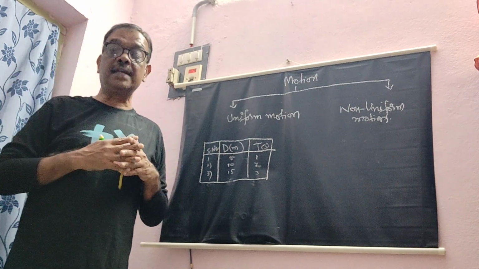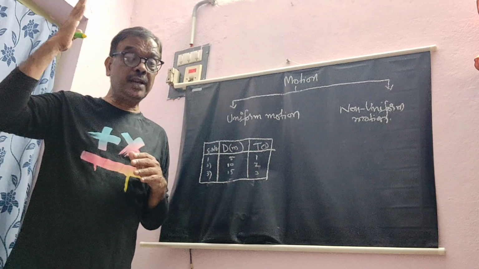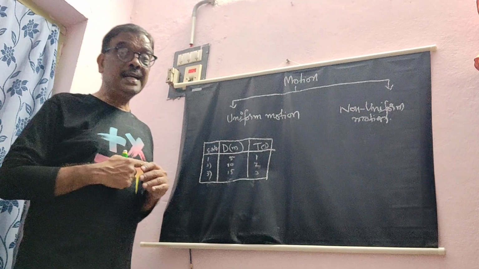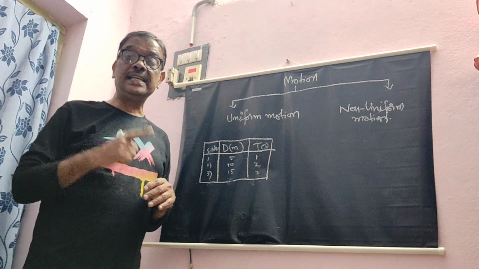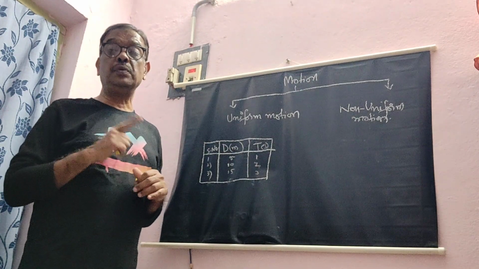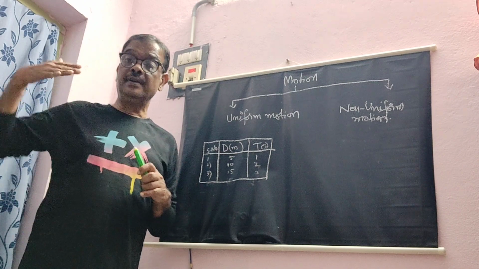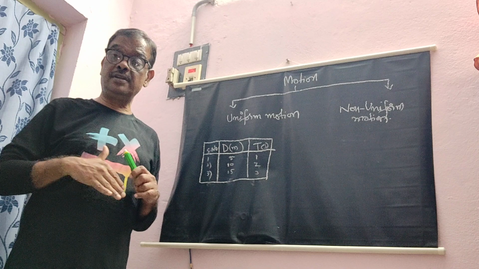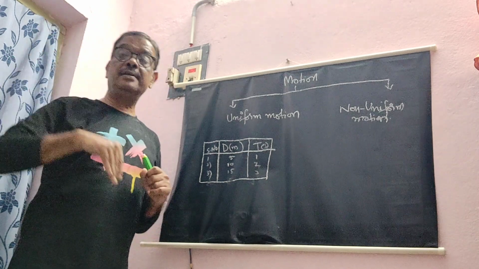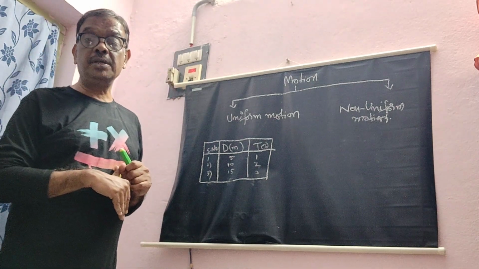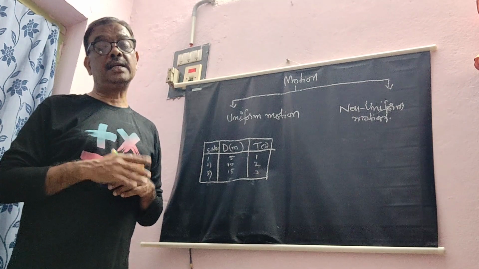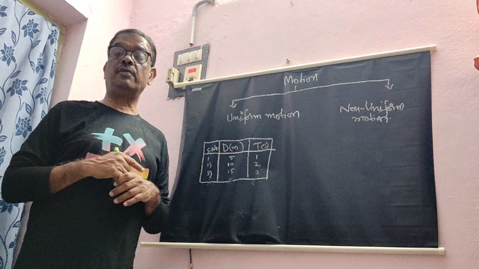Electric charge, electric current, or light traveling at a speed of 300,000 kilometers per second is also an example of uniform motion. Light coming from the sun reaches the surface of the earth at a speed of 300,000 kilometers per second, or 3 into 10 power 8 meter per second. That is also an example of uniform motion.